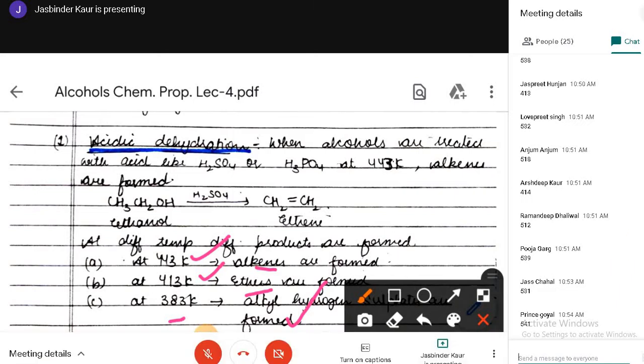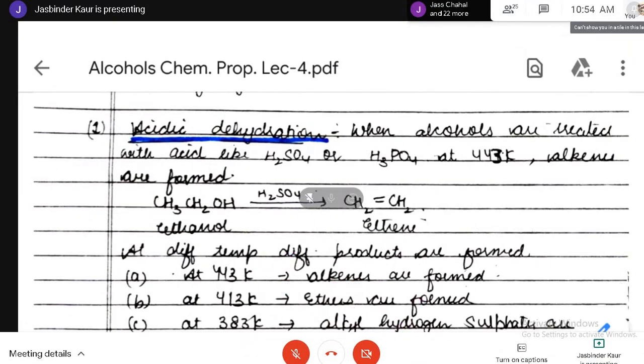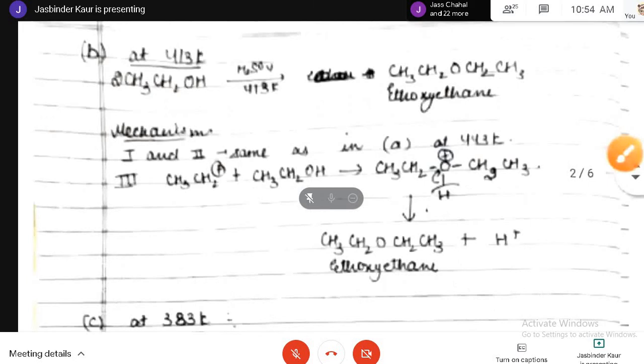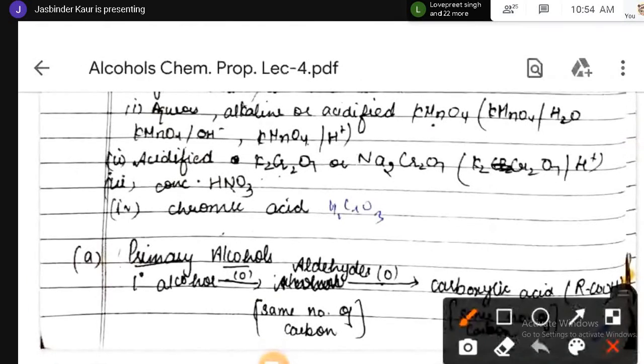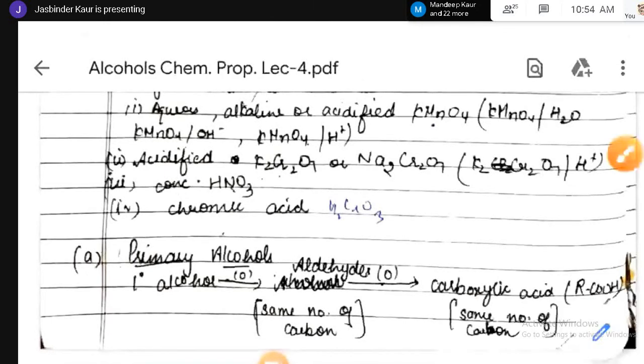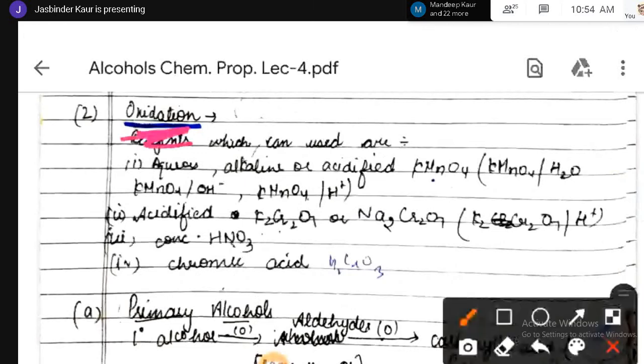So next, the second reaction is oxidation. In oxidation, we have different reagents by which oxidation can be done. First is KMnO4. KMnO4 can be in aqueous solution, alkaline or acidified.